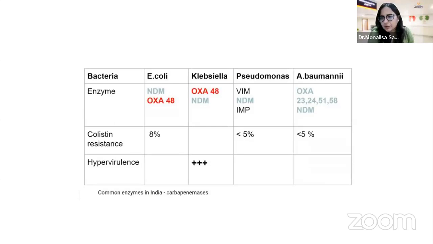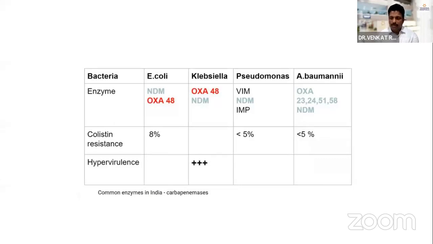In case of bone infection like osteomyelitis, we may go with fosfomycin along with polymyxin B or CAZ-AVI with aztreonam. And in case of blood infections, we may go with CAZ-AVI with aztreonam, or if not available, then polymyxin B with fosfomycin.